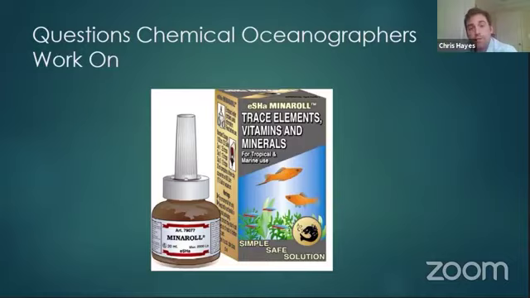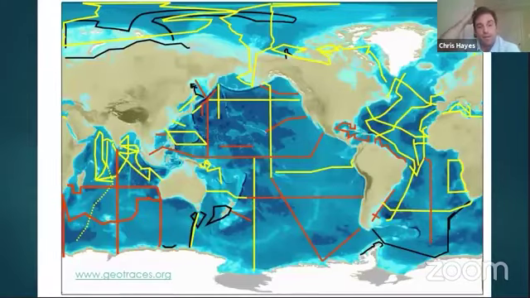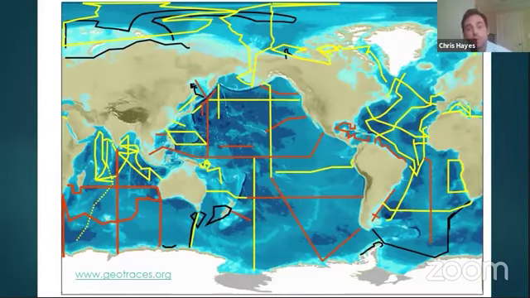So the trace elements are essential for life, and understanding how they work in the ocean is also important in order to predict a bigger question like how much CO2 gets taken up in the ocean. So I'm part of this large research program that is currently mapping out where these trace elements are.